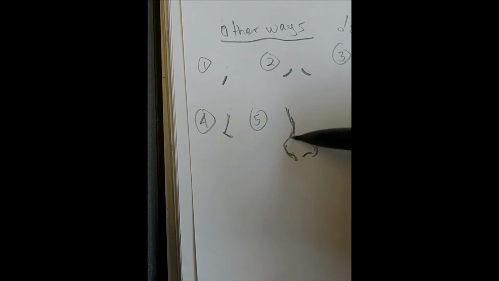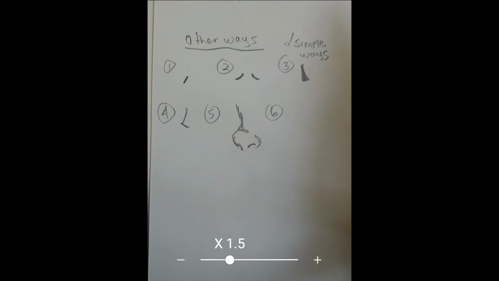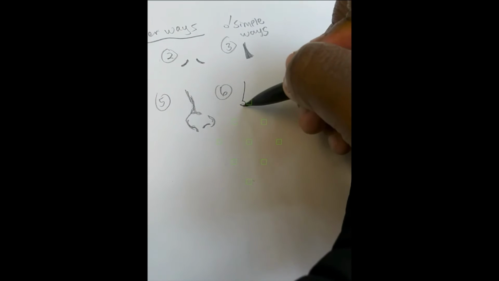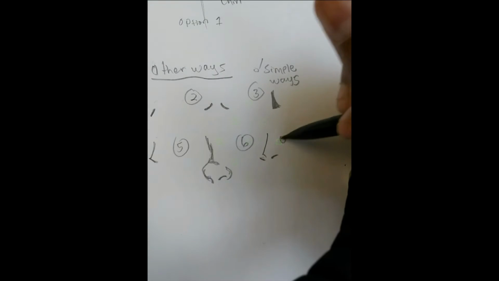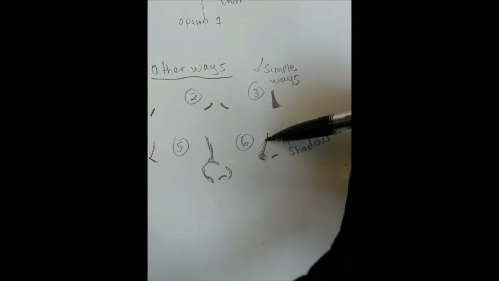Option 5 is going to be a little bit more detailed, as you can see more of the nose shape. It's kind of rounded. Option 6, it's a combination of the 2 dashes and the less than sign from option 4, and I'm just going to add a few shaded lines in between.